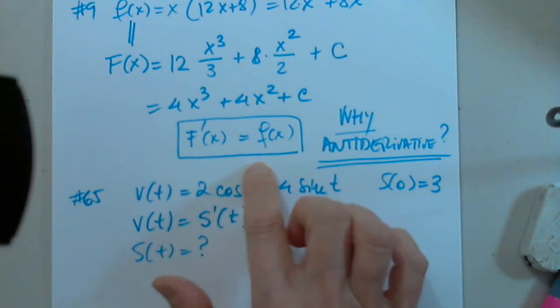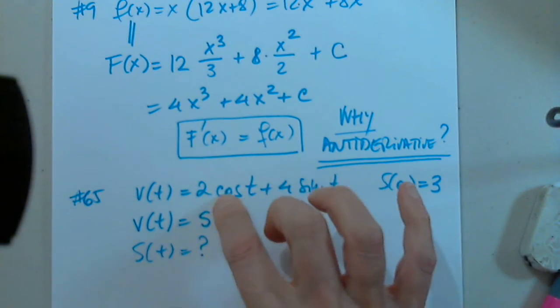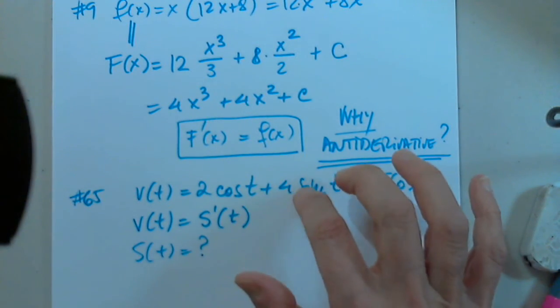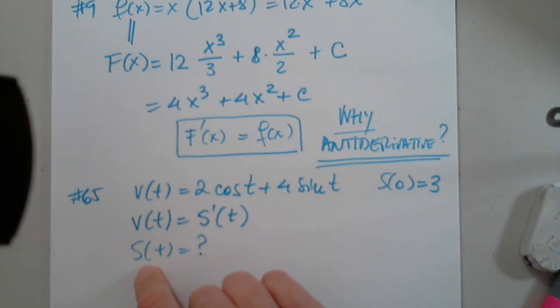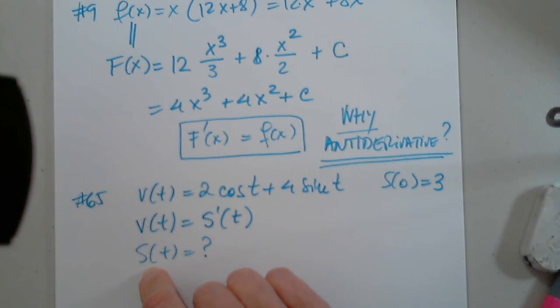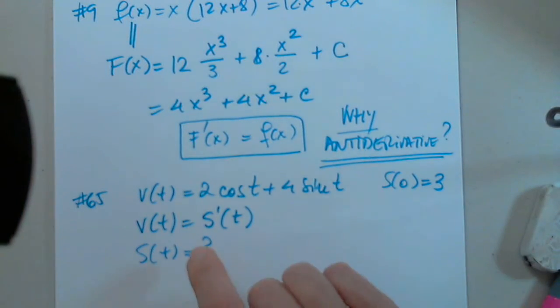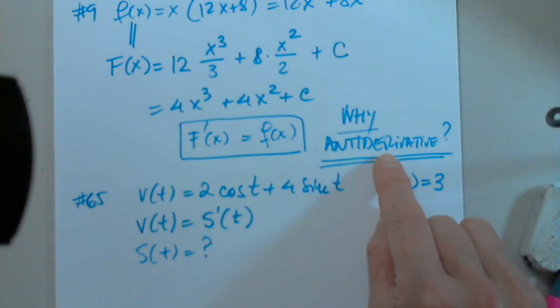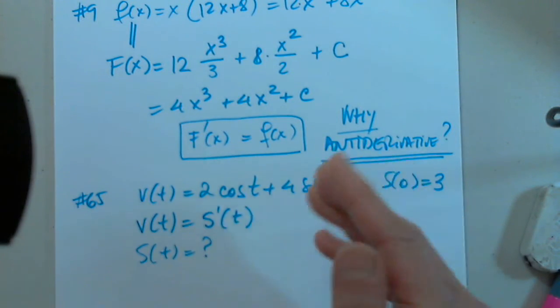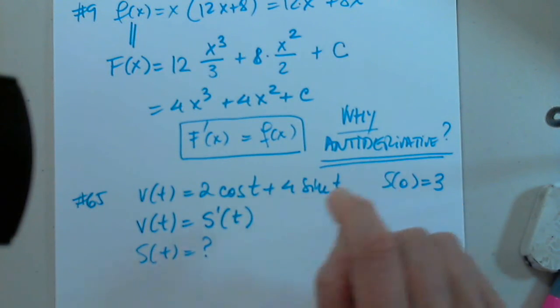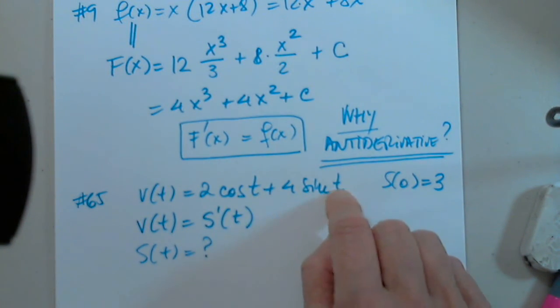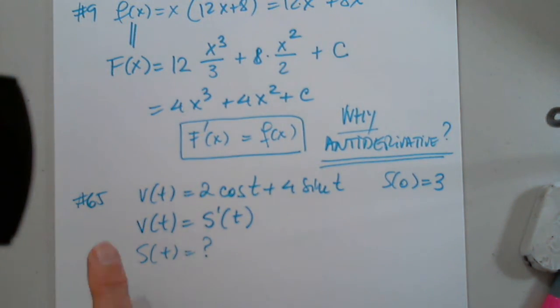Somehow we have the velocity function of t for this particle, and we're asked to find the distance formula. So that's one reason why we're looking at anti-differentiation. Undo the process of differentiation. That's what it means. So undo the process of differentiation to get the previous function, the first function, which is the distance function.